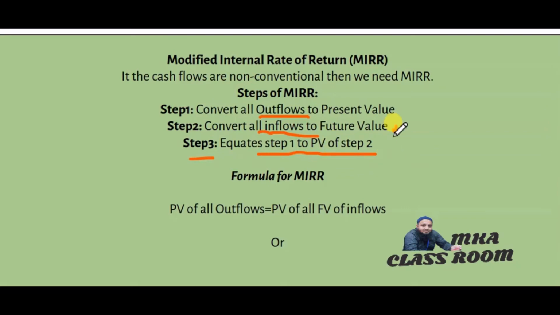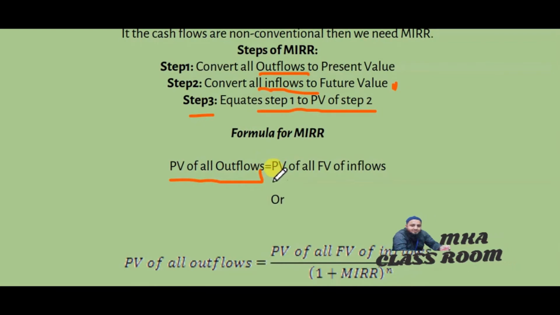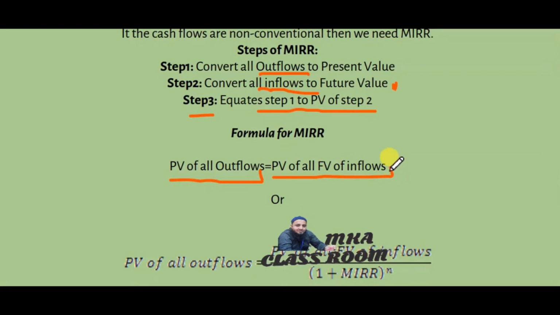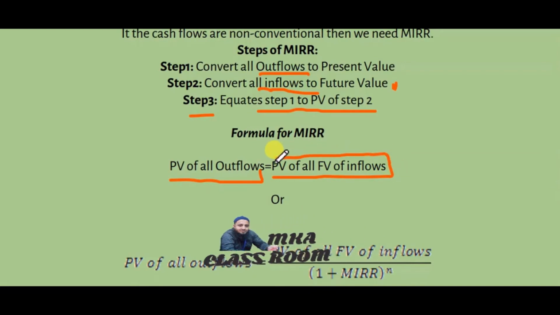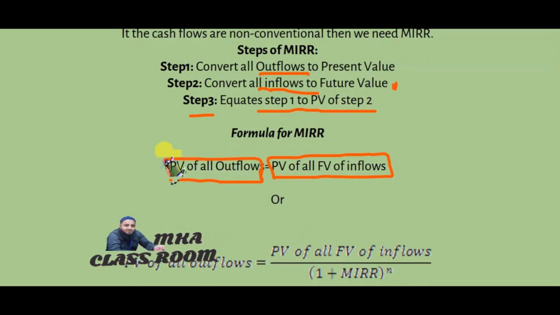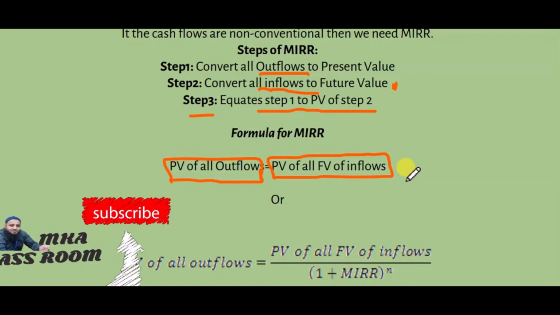That means this step should again be treated as present value. Present value of all cash outflows equals present value of the future value of cash inflows. So that is our formula. It is very simple.